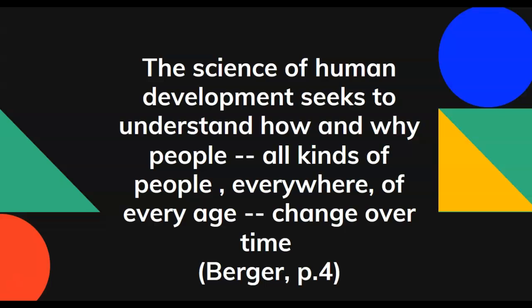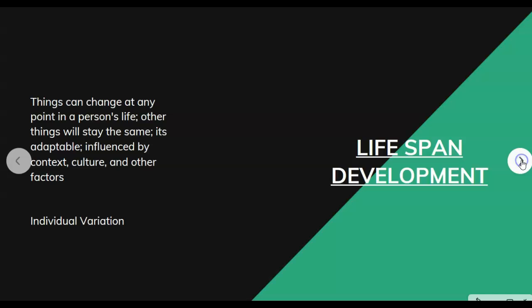And so we want to really study a variety of groups of people, and we certainly want to study people of every age, since we are just starting development. Okay? And of course, we're looking at change over time. And by change over time, we're talking about the entire lifespan of an individual, all right, from birth to death.